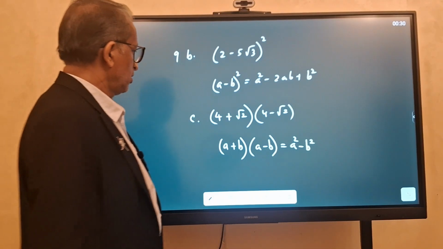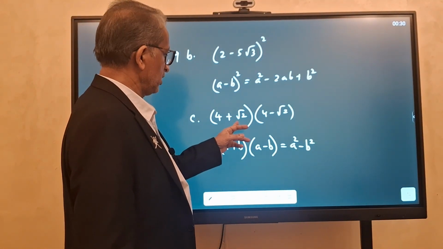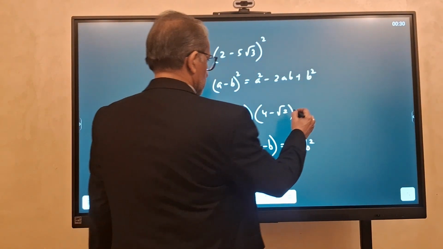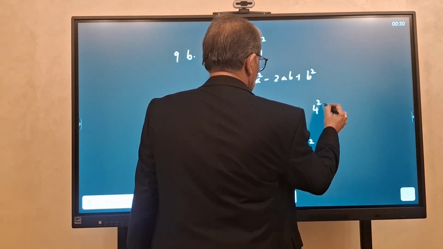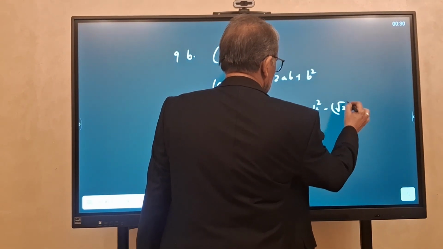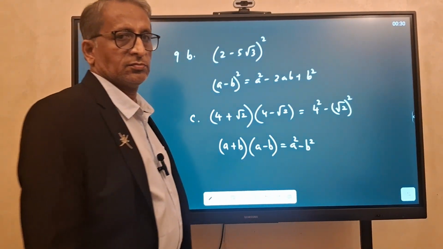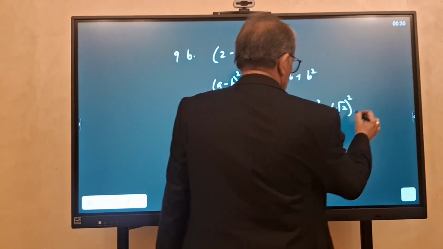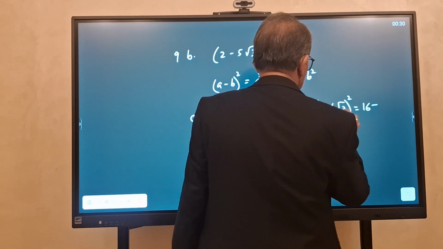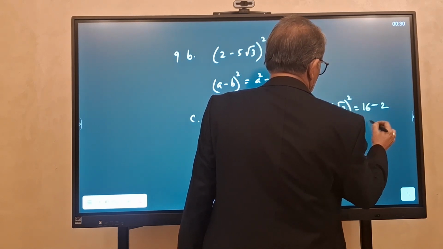That is the formula. What is A? 4. B is root 2. So it is 4 square minus root 2 square. 4 square is 16, minus root 2 square is 2.